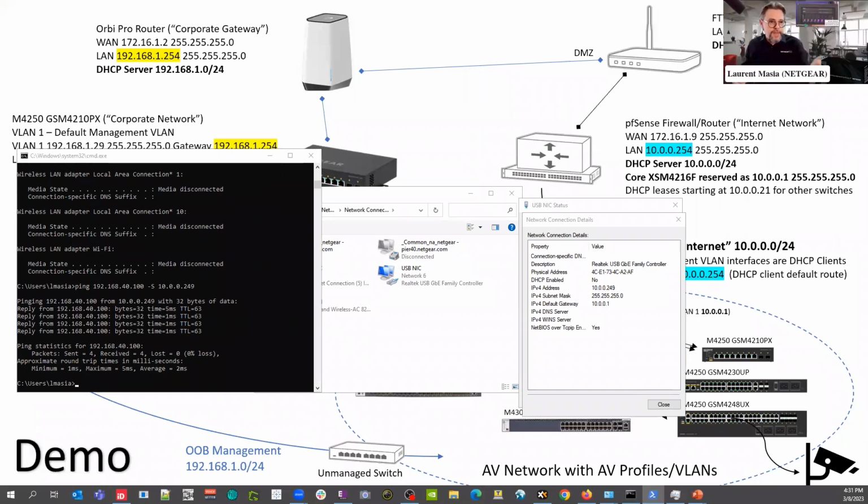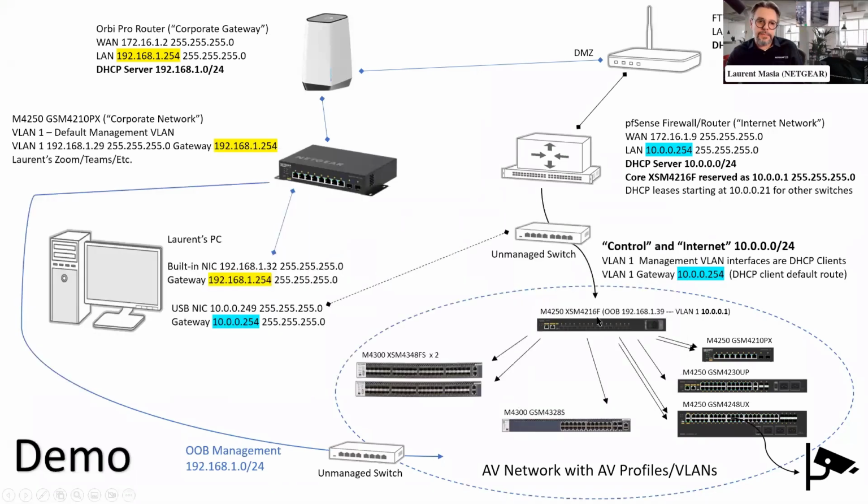Okay, so now, despite the fact I am on the 10.0.0.249, I can access the device because I use a switch IP interface as a gateway. This is how you ensure 100% success when you want to traverse the VLANs for control unicast only, manipulating devices from the control VLAN to the other VLANs.